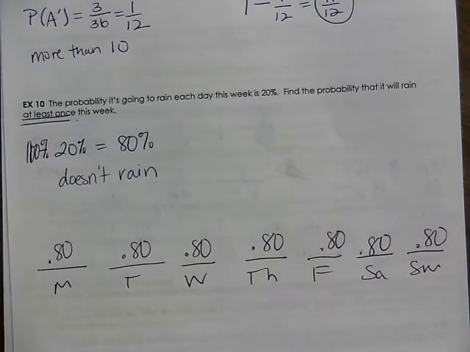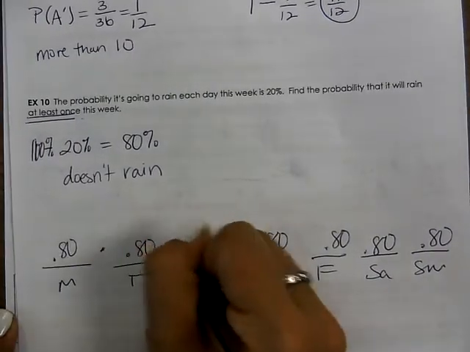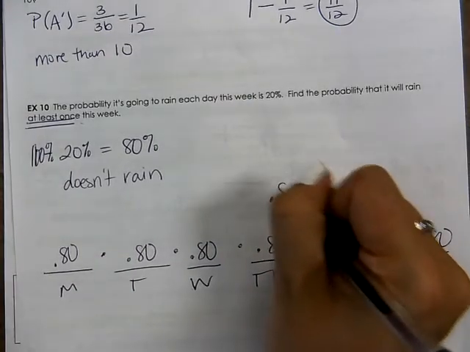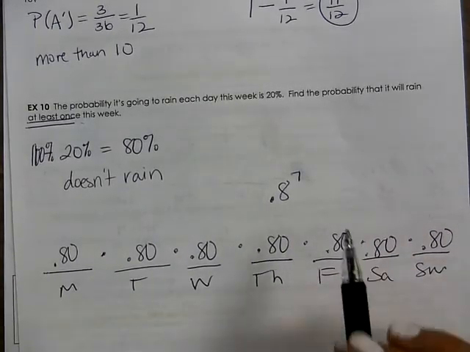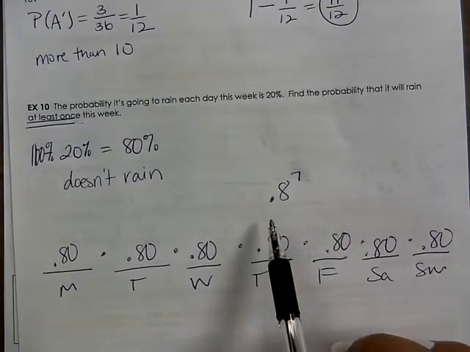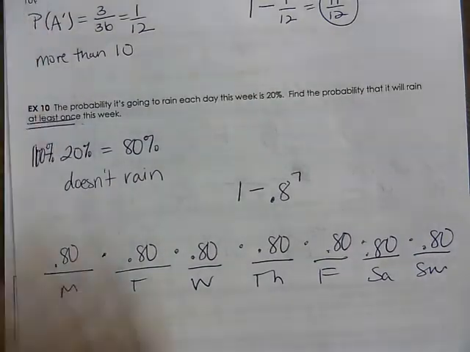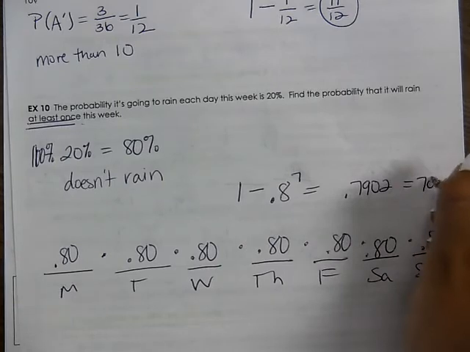Is this an and or an or situation? Are these independent events? If it rains on Monday, does it affect Tuesday? No. So that means we have to multiply all of those together. Isn't that the same as 0.8 raised to the 7th power? But 0.8 raised to the 7th power is going to tell us the probability that it doesn't rain. We want the opposite of that, so we have to do 1 minus this. And our answer is 0.7902, or 79.02%.